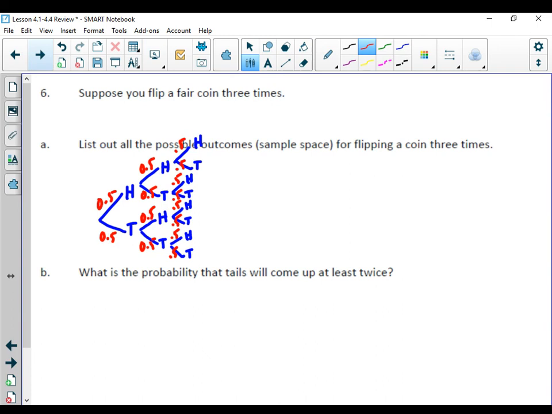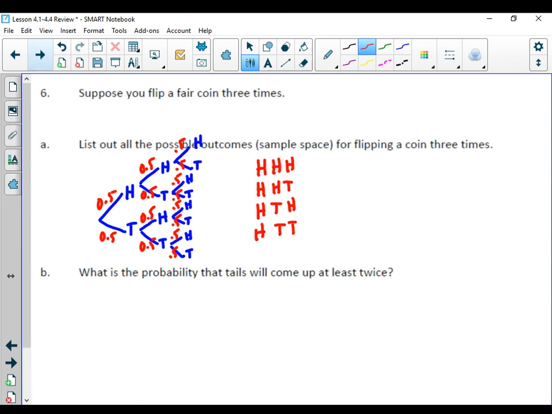If it helps to make a systematic list, I could now just follow the branches. So for instance, I can go heads, heads, heads, following that first branch. Or I could go heads, heads, tails, following the second branch. Then if I went heads, tails, heads, or I could have gone heads, tails, tails. So those are the 4 situations that would happen if I flipped heads the first time.